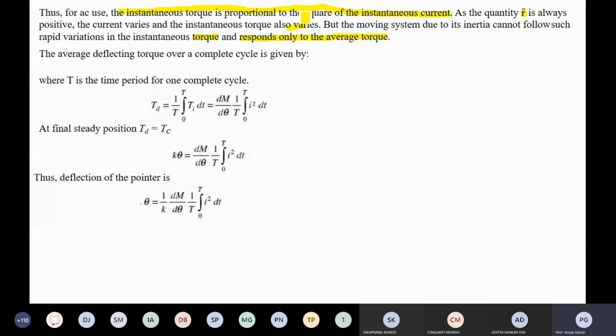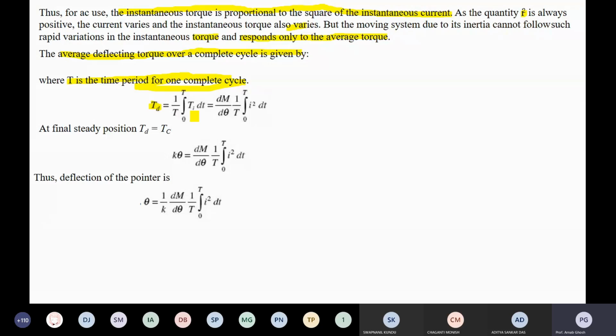So T is your instantaneous value. Now the average deflecting torque over a complete cycle is given by, where T is the time period of one complete cycle, TD equals 1 by T integral from 0 to T of Ti dt. At the final steady state position, TD and TC should be the same.